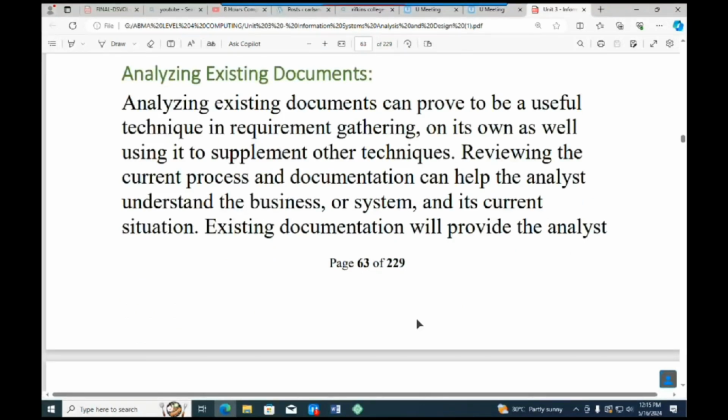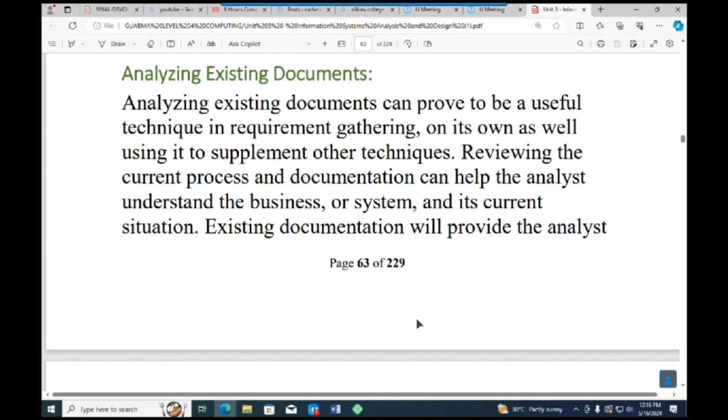So the other technique is analyzing existing documents. Analyzing the existing documents simply means here you are reviewing documents that were previously prepared. This is useful in requirements gathering.